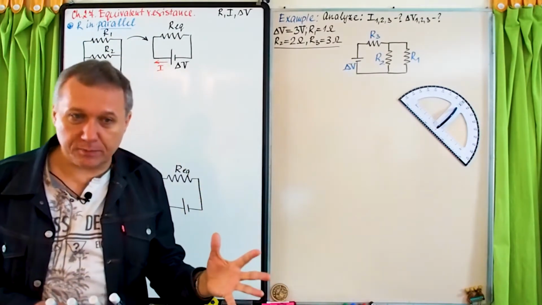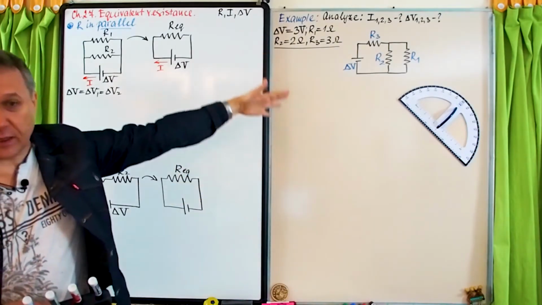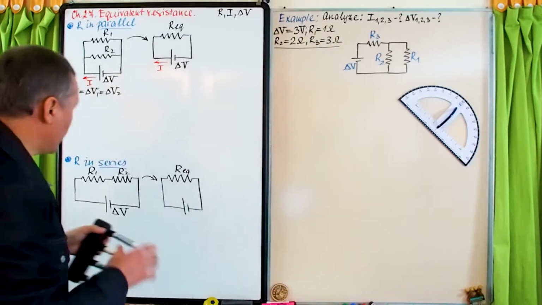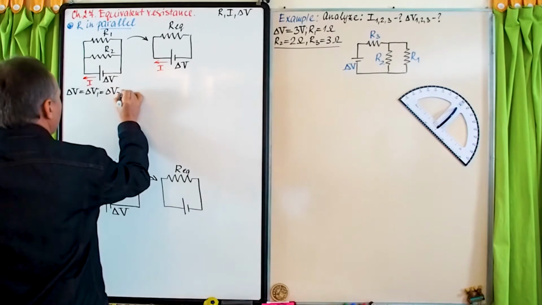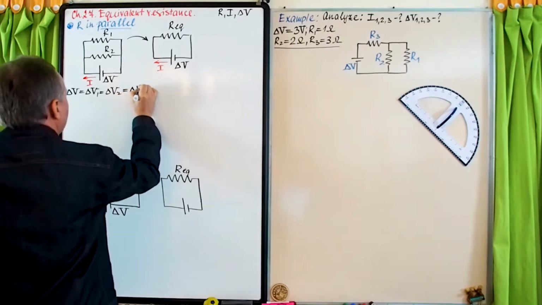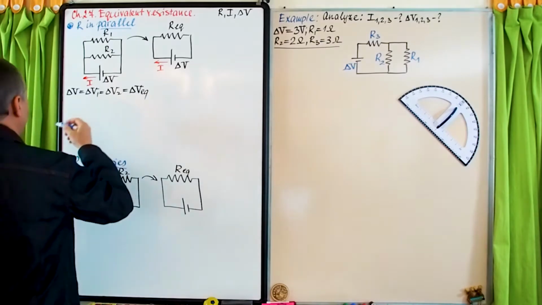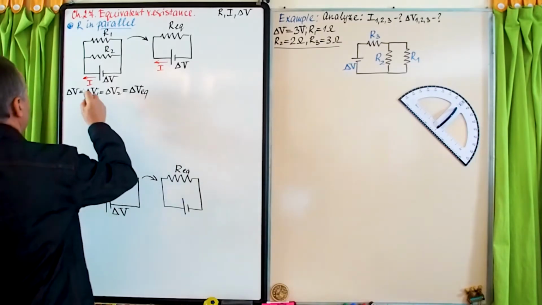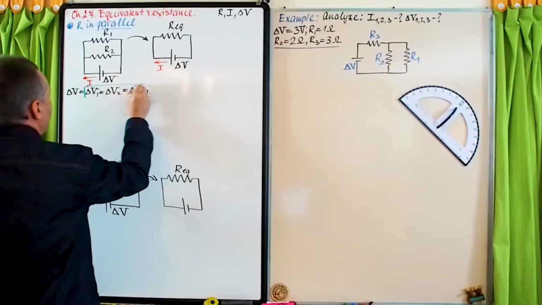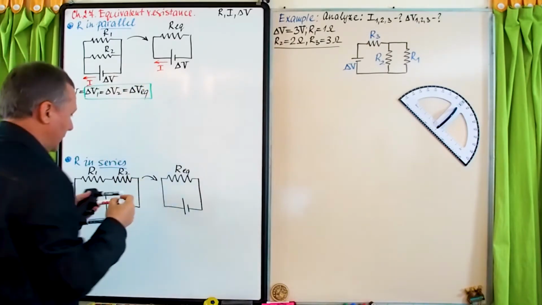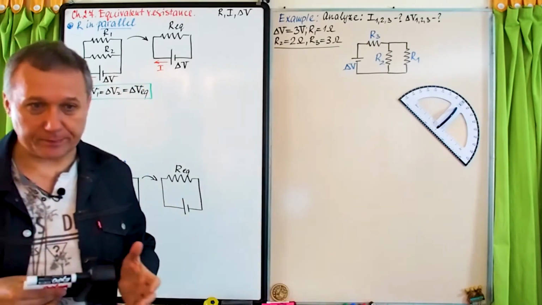We will use that piece of physics to analyze the problem. So I can add that it also equals the potential difference across an equivalent resistor. Let me frame this. Okay, maybe I will use green. So this piece of physics we will need. It's the first important piece of information.